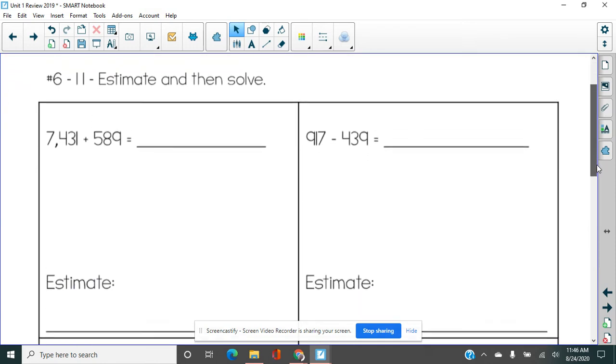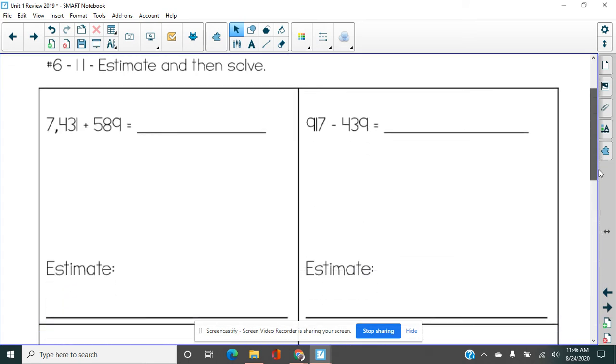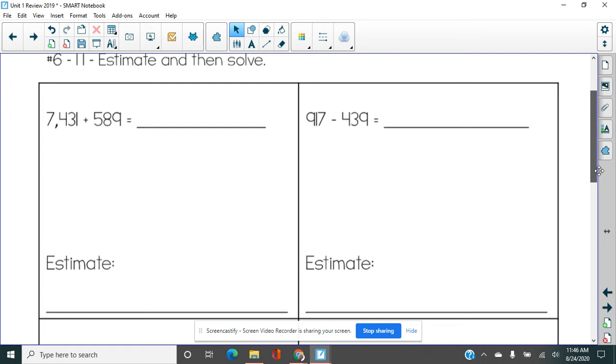So I'm going to do the first two. You're going to do the other ones. There's 6 problems here, and we're going to see how you're doing with your adding and subtracting. So to add, I'm going to, oh, I almost put that in the thousands place. That would have been bad because that 5 is in the hundreds place.